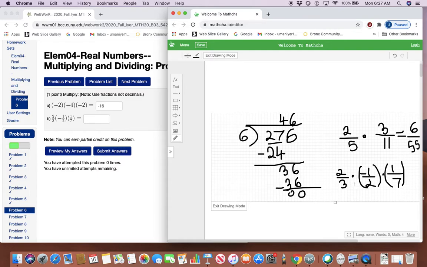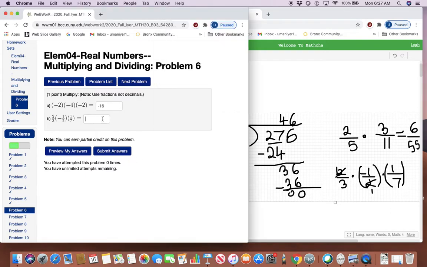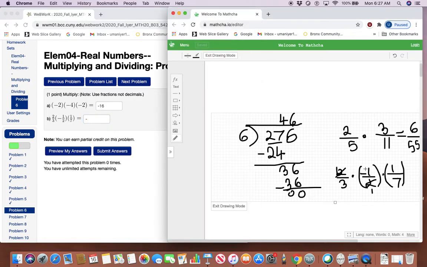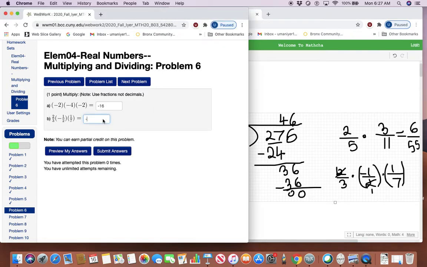You can reduce this by this. 2 goes into ones, 2 goes into ones. So now notice positive times negative times positive. There is one negative, so that gets me a negative. 1 times 1 times 1 is a 1 over 3 times 1 is 3 times 7 is a 21.